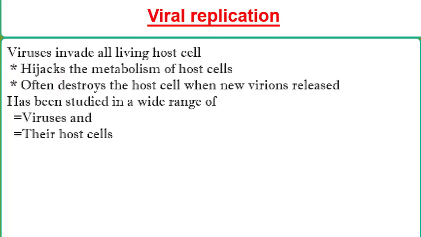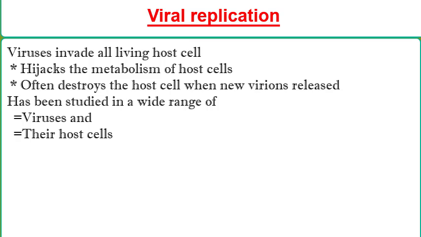When we see viral replication, viruses invade living host cells that are 1,000 or more times bigger than the viral size. In replication processes, viruses hijack the metabolism of host cells to produce many viral copies.